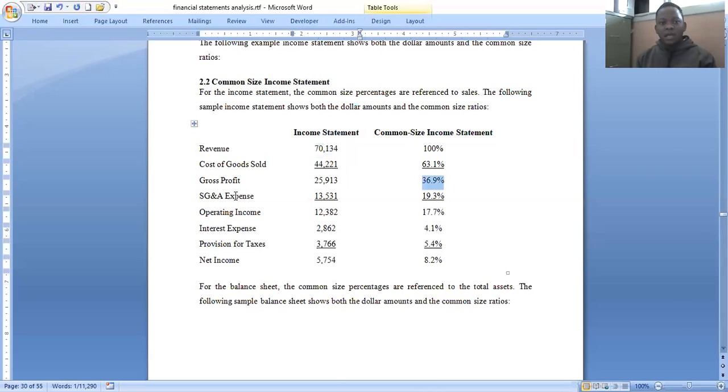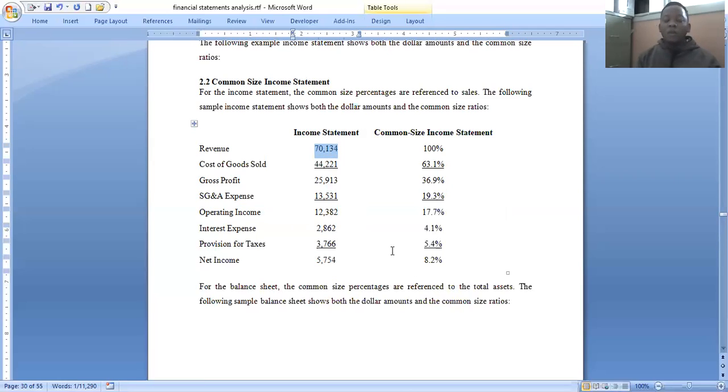The same case with SGA expense, whose ratio is 19.3%, which is also equal to the reference item divided by the common base, in this case 13,531 divided by 70,134. It will give us 19.3%. And the same case with operating income, the ratio is 17.3%, which is equal to 12,382 divided by the common base, 70,134. The same applies to all the items in the income statement.